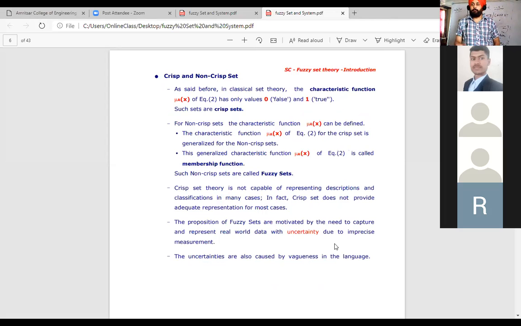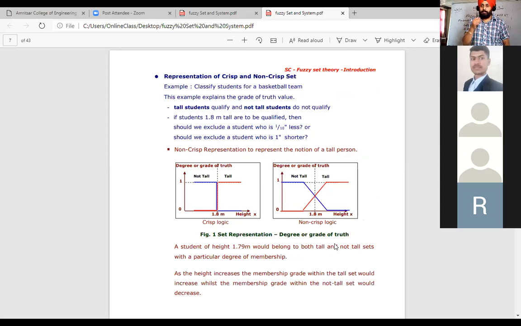And here the membership function has an important role because it tells you how much degree a member belongs to that particular set. Just see tall. In the classical set theory or crisp logic, in the figure at the left hand side, at a particular 1.8 meter height, if a person is 1.79, he will not be considered as tall, and if he is 1.81, he will be considered as tall.